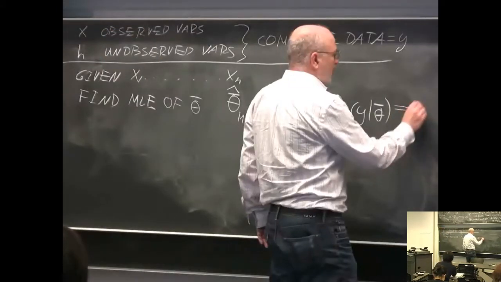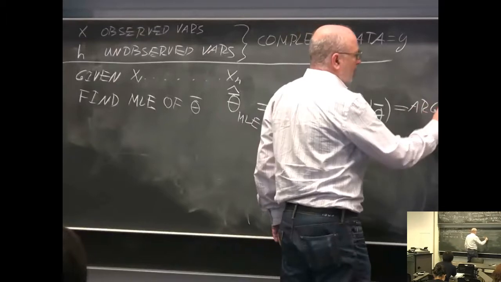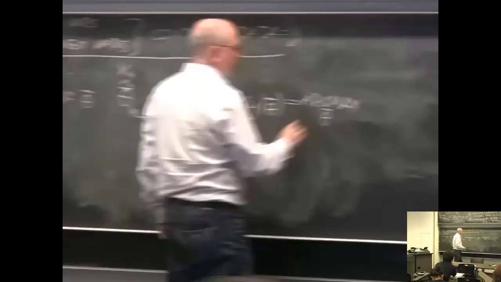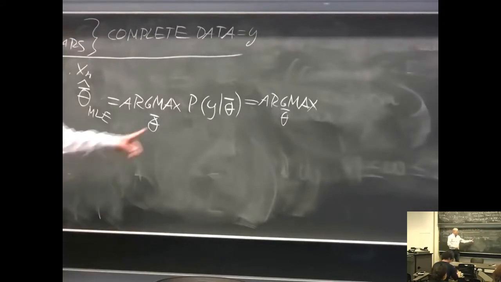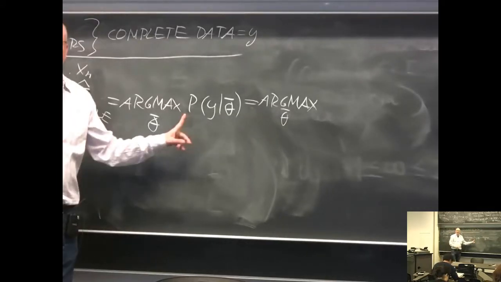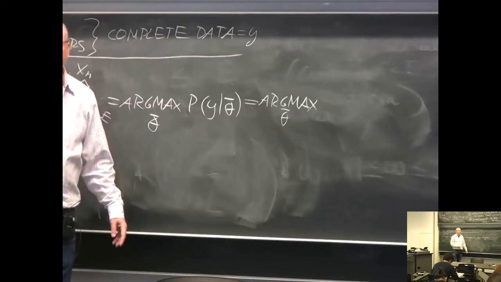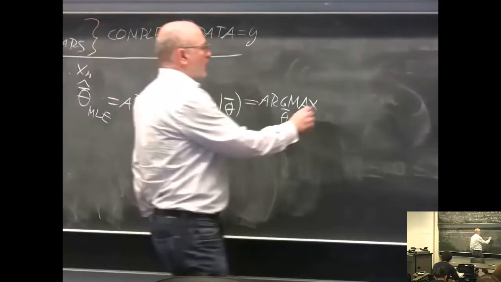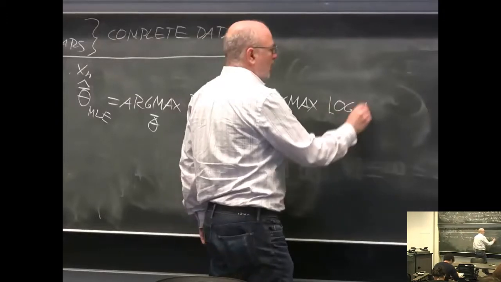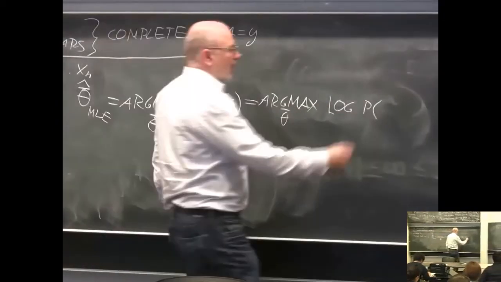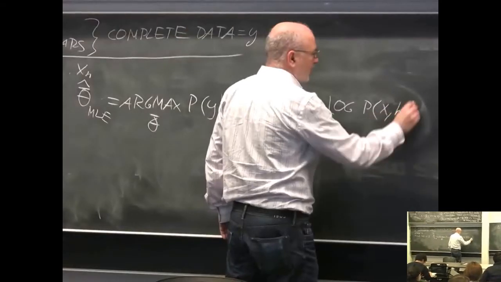I will write this as argmax over all theta. First, I will convert it to log probability. The thing that maximizes the full probability also maximizes the log probability. It's the usual thing. So it's log probability, and instead of y, I'll write it explicitly as x and h given theta.